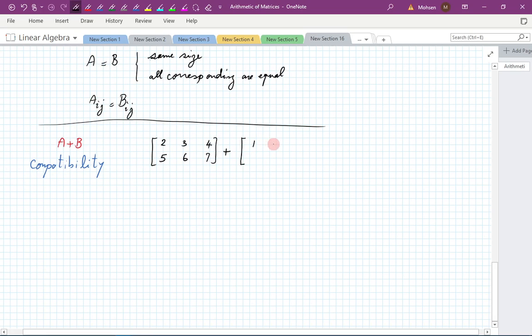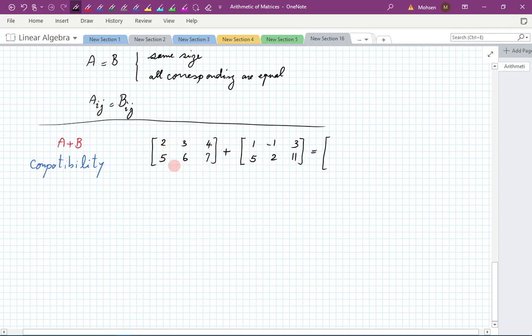So if I have 1, minus 1, 3, 5, 2, 11, how do I add them? This is where that shoebox idea comes in. So there's nothing significant about the operation.